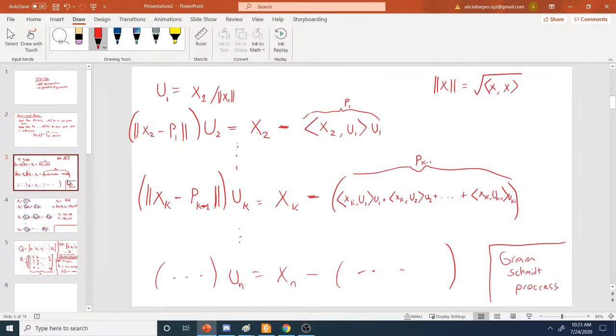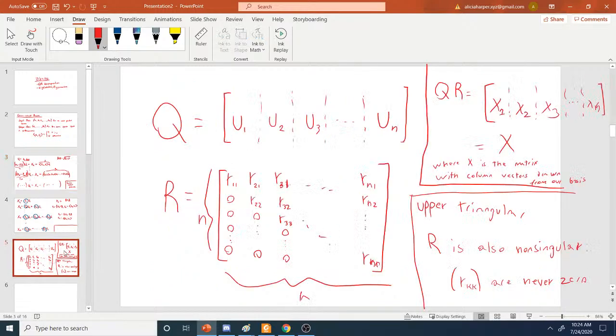And the only way we can do this is by assuming that these terms right here, this is R22, this is rkk, are all non-zero. And if at any point one of these coefficients is zero, we would not be able to solve for uk. So this is the QR decomposition of a basis.